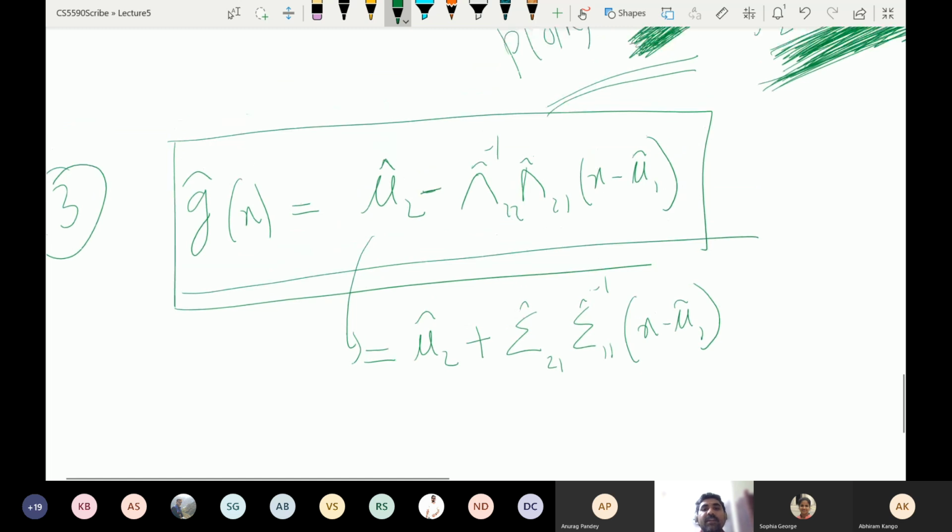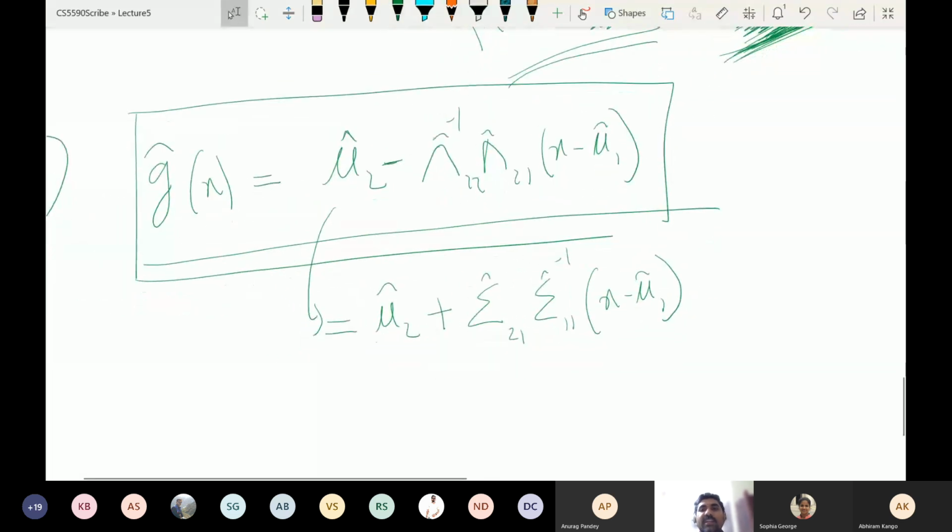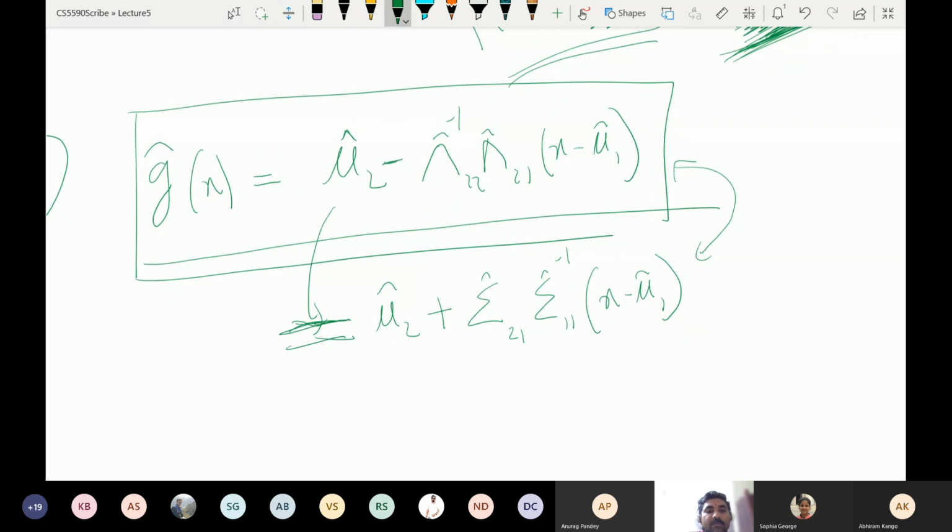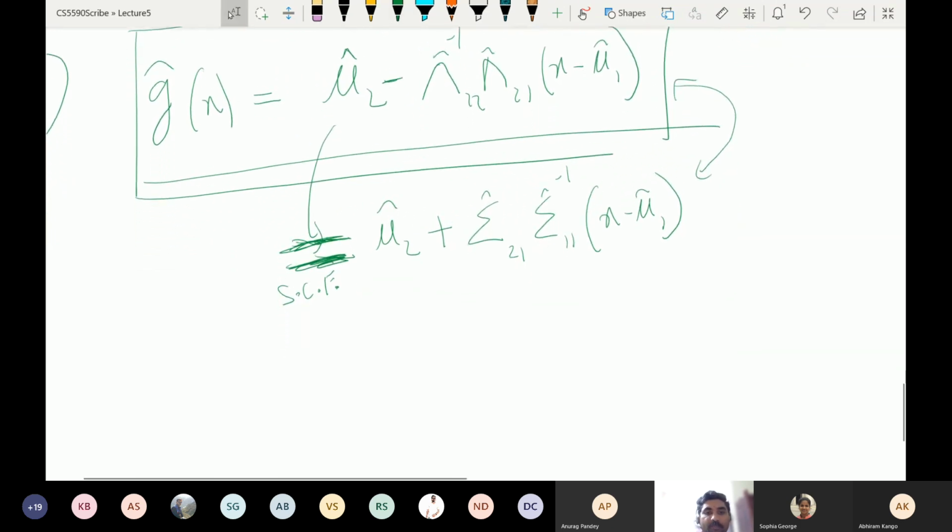So if somebody did not understand, don't worry. I'm just saying this is the same as this. Why? It is Schur complement formula, whatever that is. So let's not worry too much about that formula. From that, this comes. Now let's start understanding this formula. That is more important for us.